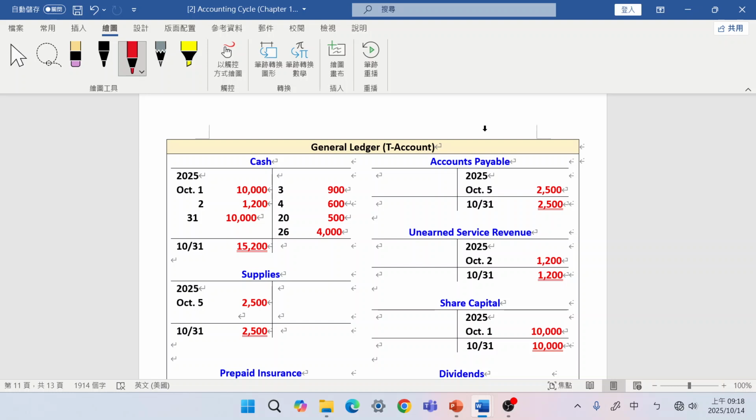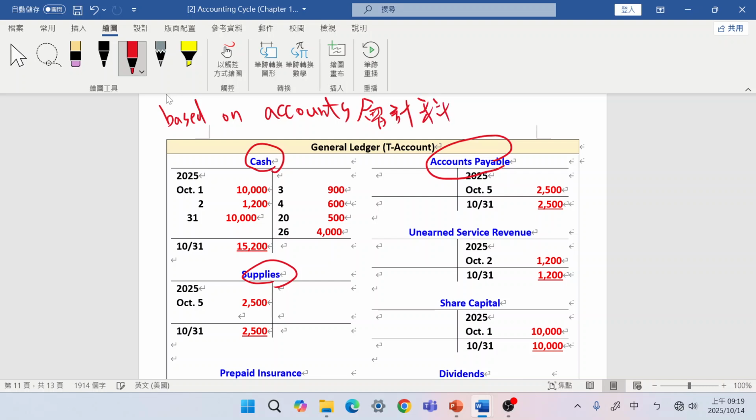So remember, for the second book, we base on what? Account, right? So based on each account, we have our second book. Okay?